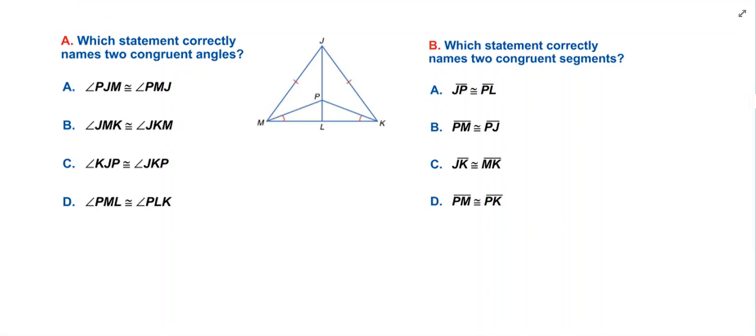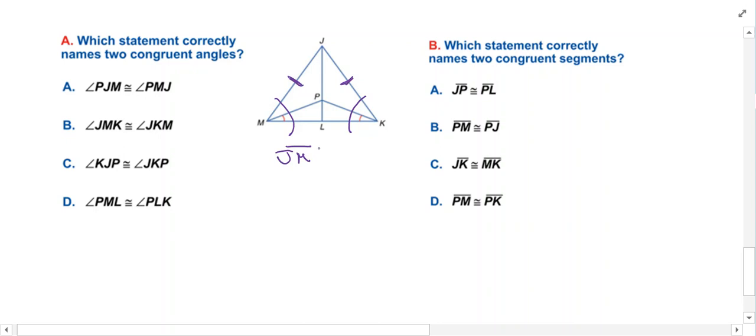JMK would be this angle here, and JKM is this angle here. Well, if those two angles are congruent, it is because these two sides are congruent. Since JM is congruent to JK, we can say that these two angles are congruent to each other.